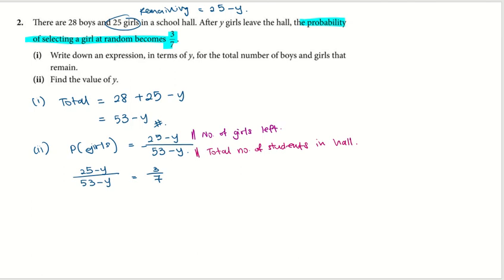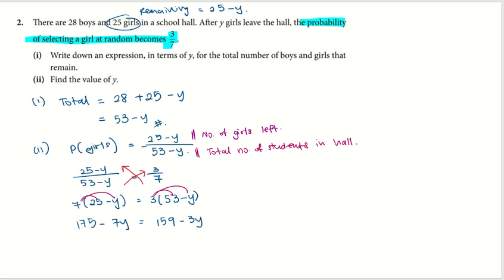So now I can form my equation over here. Next is just systematic solving of the equation. Cross multiply before we expand and simplify. Do your rainbow expansion on both sides. You end up with 175 minus 7y on one side, and the other side is 159 minus 3y.